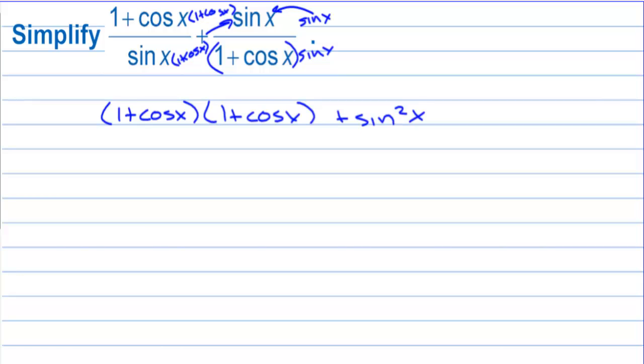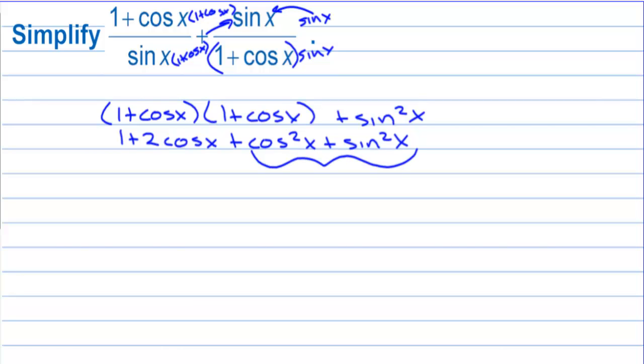Now we'll use FOIL. Just because we have cosine here doesn't mean the rules change. We can FOIL these two together. We have 1 plus 2 cosine of x plus cosine squared x plus sine squared x. Cosine squared x plus sine squared x is 1. 1 plus 1 is 2.